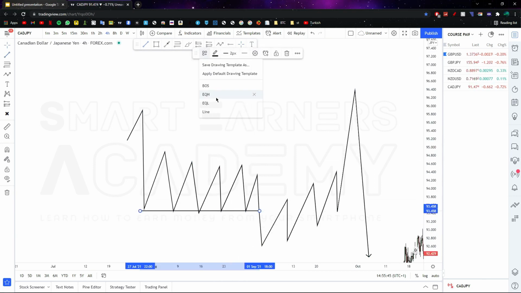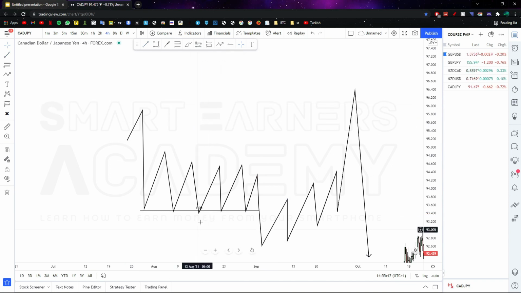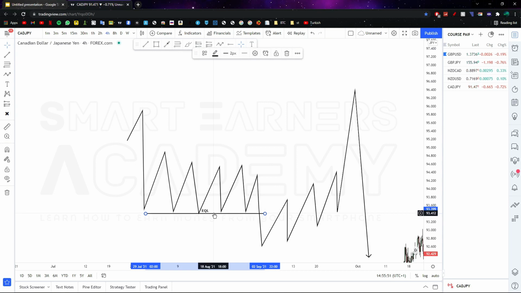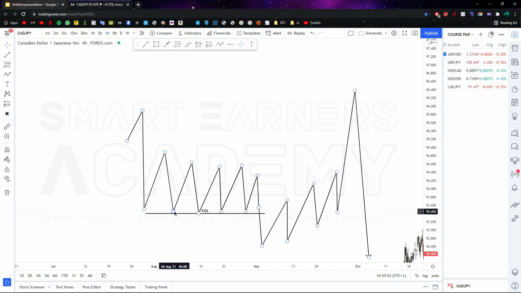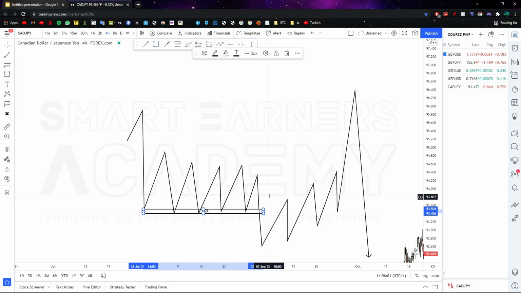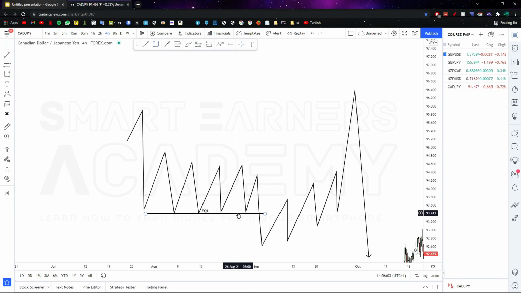So if we just mark this out as equal lows, what equal lows are is basically a longer version of support. It's just two lows which are at the same point or near enough to the same point. It could be a little zone of equal lows, or they could meet at the same point, so it's formed almost a double bottom, right?